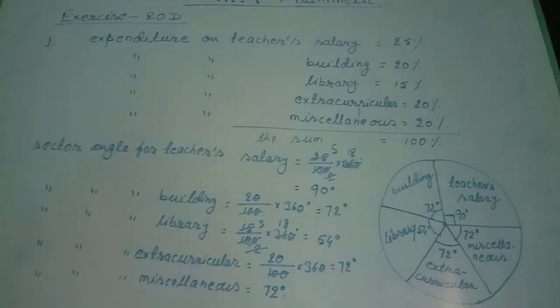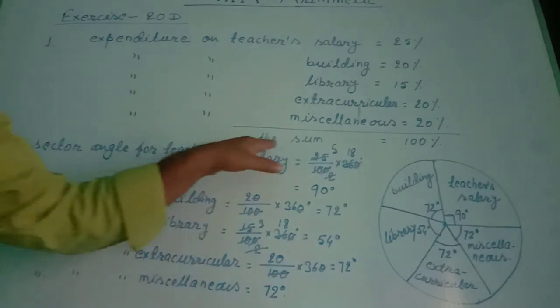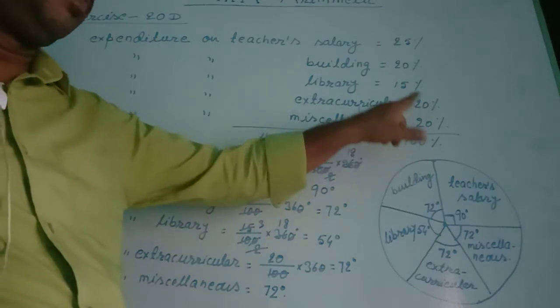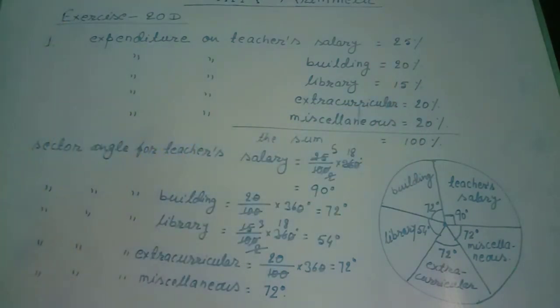These expenditures are done by a school. The sum became 100%. This 100% shows the complete angle of 360 degrees.